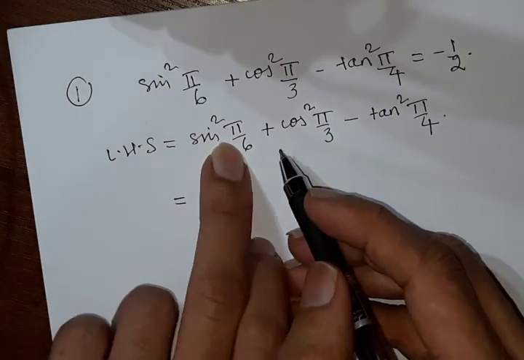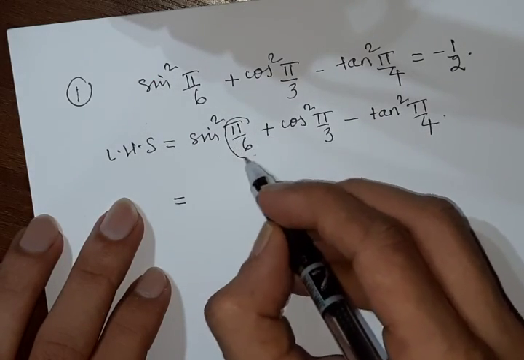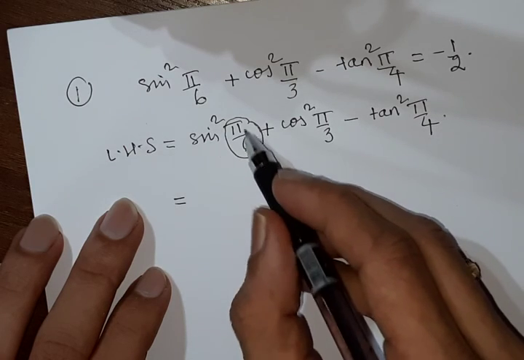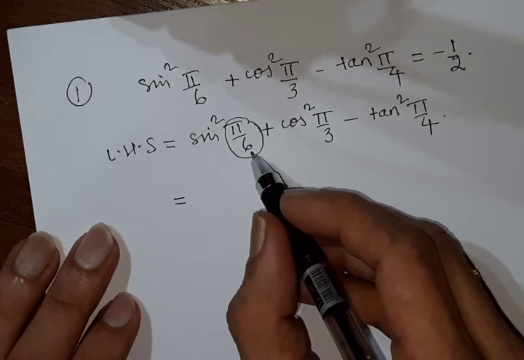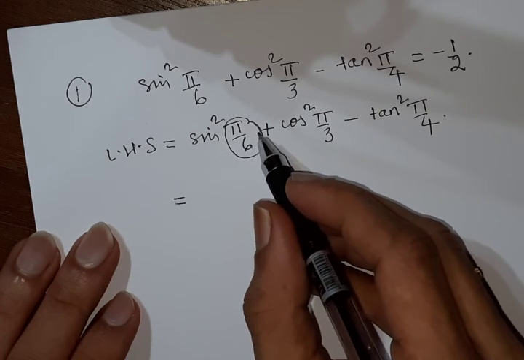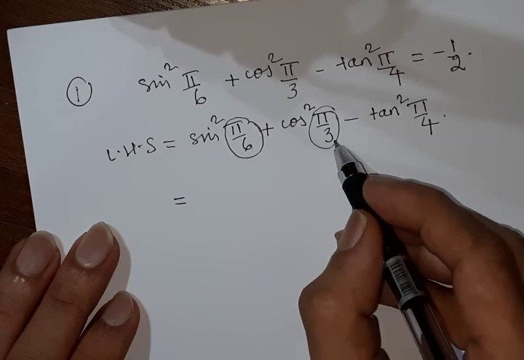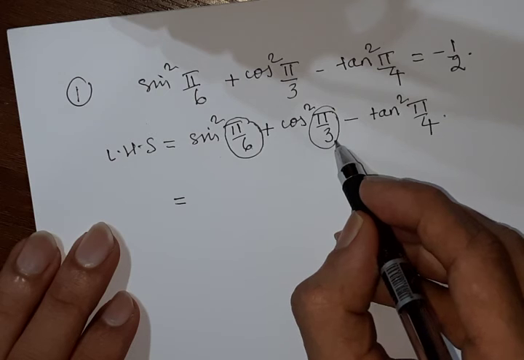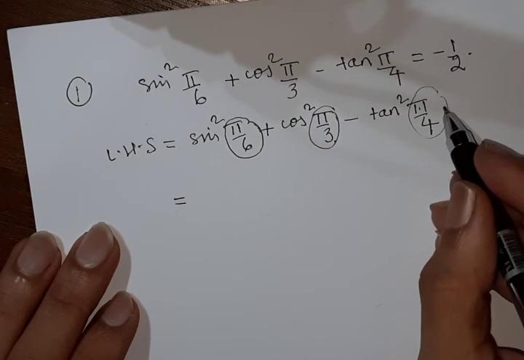Now this is equal to what? Sin² π/6 is there here. You have to know the degree equivalent of radian. What is π/6 in degrees? It is 180 by 6, which is nothing but 30, so this is 30 degrees. Then π/3 is 180 by 3, which is 60 degrees, and 180 by 4 will be 45.